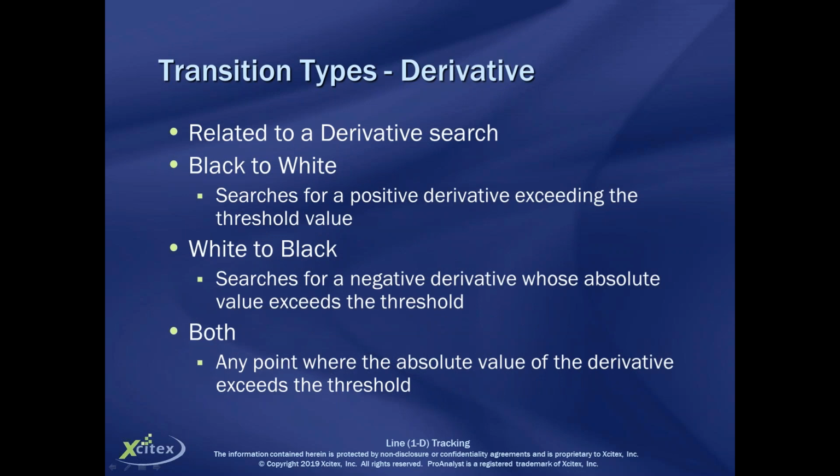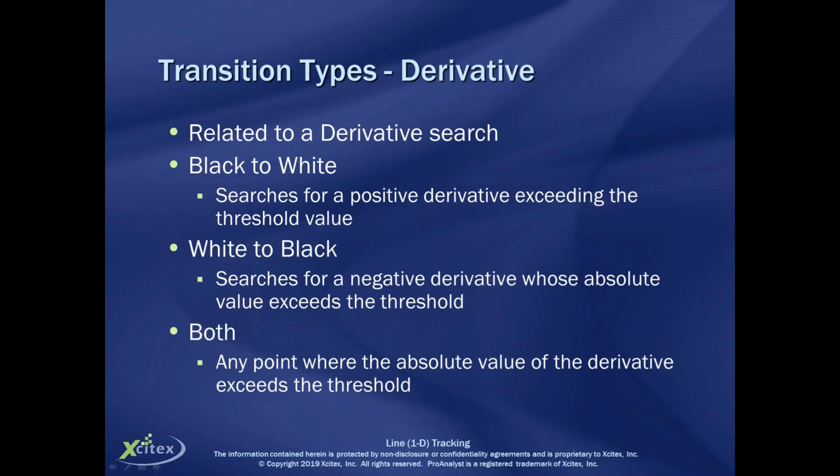And then again, for derivatives, this is obviously related to a derivative search or the slope of the transition between light and black or black and light. So if you're going from black to white on a derivative, you're looking for a positive derivative that exceeds whatever threshold value you set in place, or this would be a quick brightening of the image.